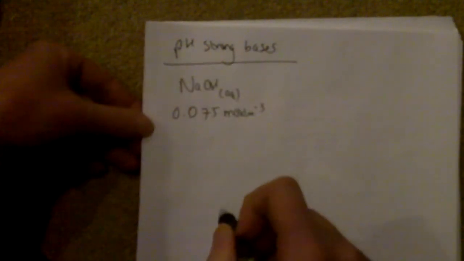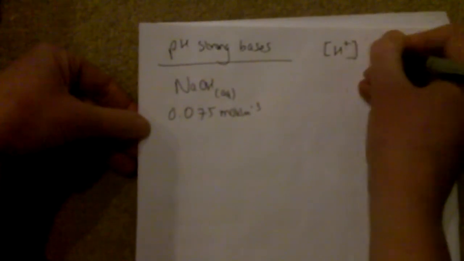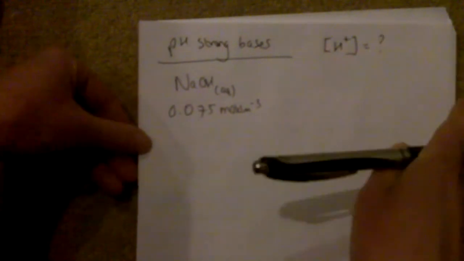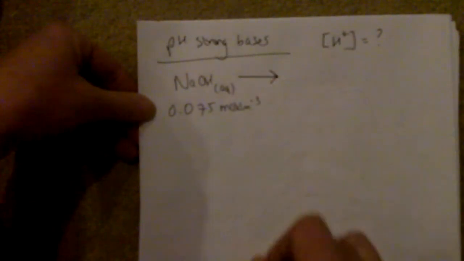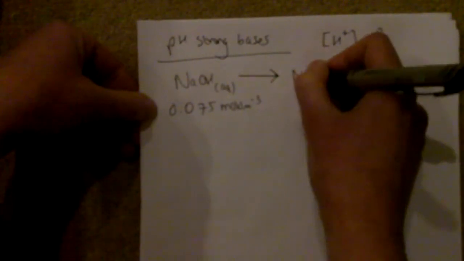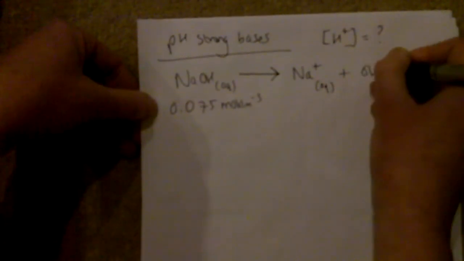Now, as soon as you see pH, you know that you need the hydrogen ion concentration, because pH is minus log 10 of the hydrogen ion concentration. So it's a strong base, so just like a strong acid, it fully dissociates into ions, like that.